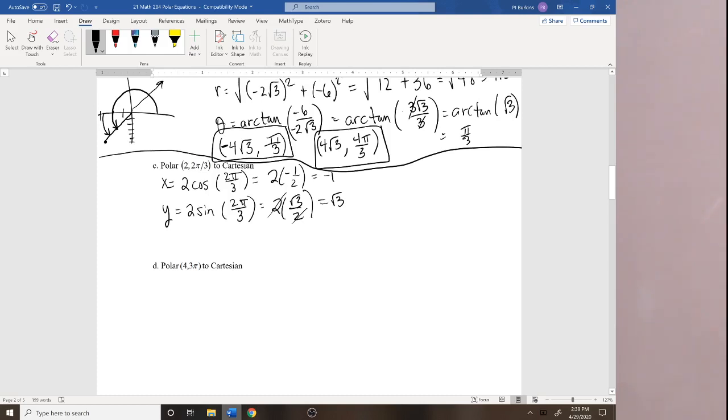So this is saying my radius is negative 1, square root of 3, I'm sorry, that's my Cartesian. So if I plot the Cartesian, x is 1, negative 1, and it's up root 3, so somewhere around here. So this angle should be 60, and therefore that should be 120.